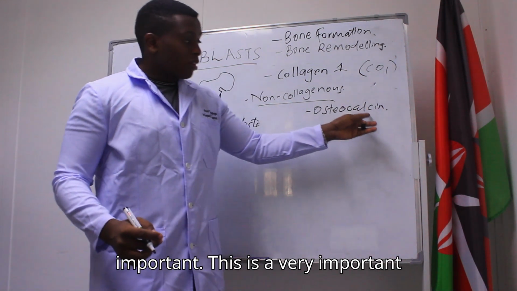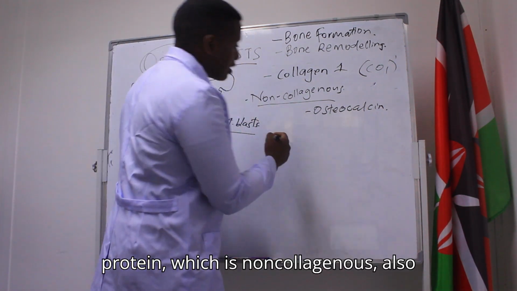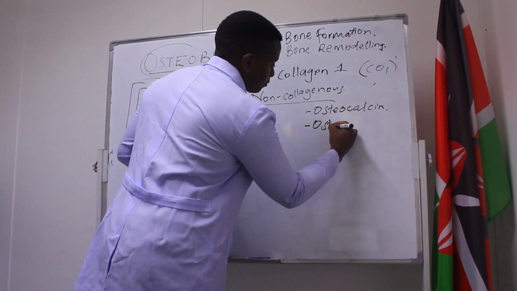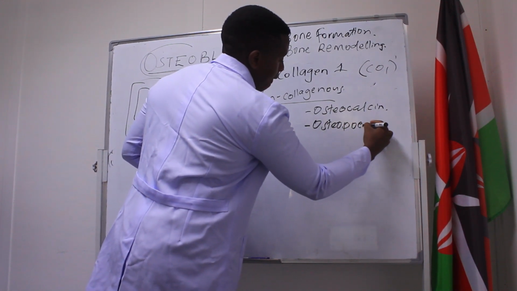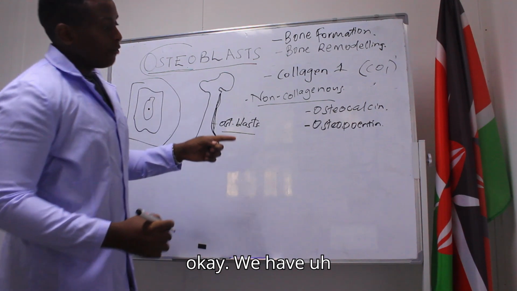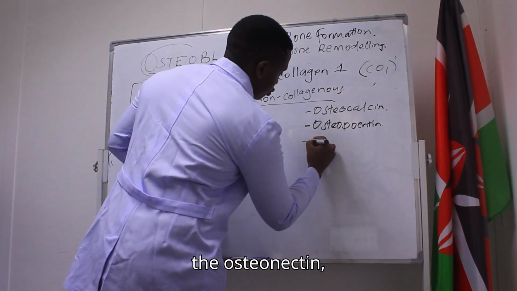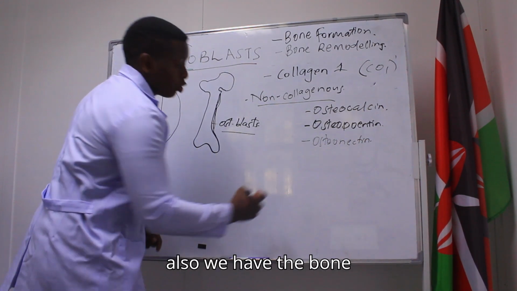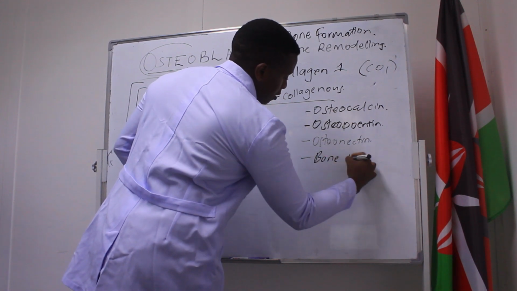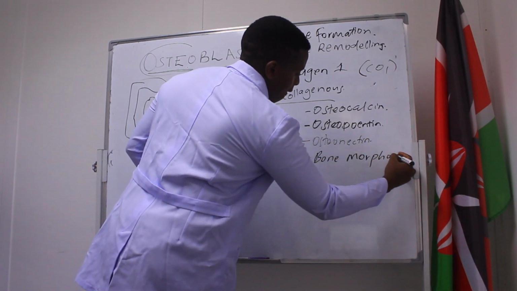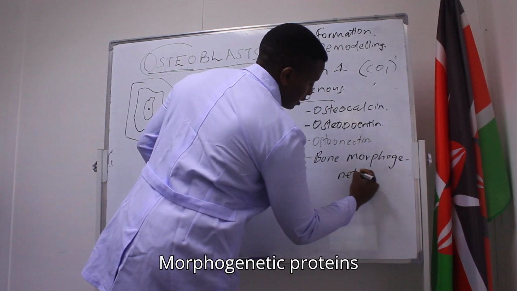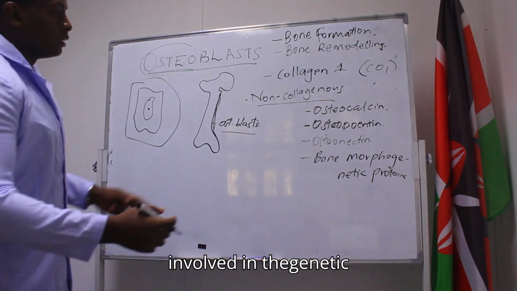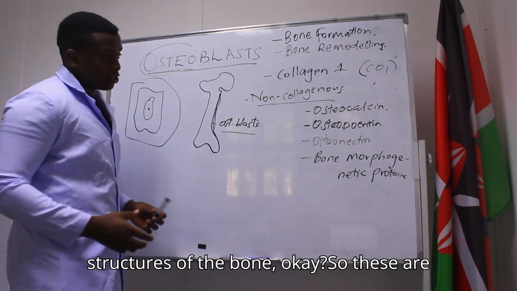We also have osteopontin, osteonectin, and the bone morphogenetic proteins involved in the structure of the bone.